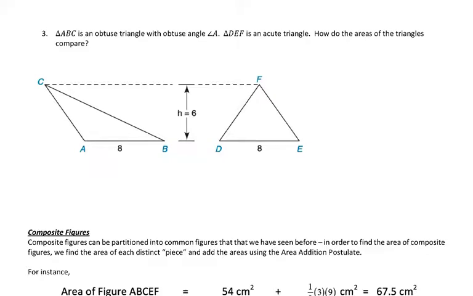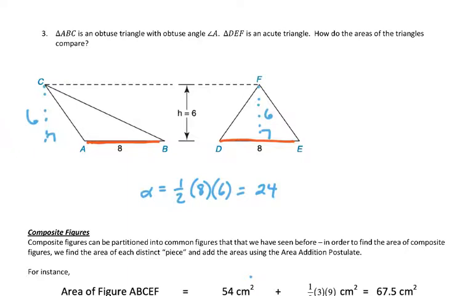Well, this is trying to highlight what I was telling you: they both have bases of length 8, and both of their altitudes are a length of 6. Therefore, these two triangles both have an area that is 1/2 times base times altitude, which is 24. Both of them have an area of 24. Just because they look different doesn't mean that they can't have the same area.